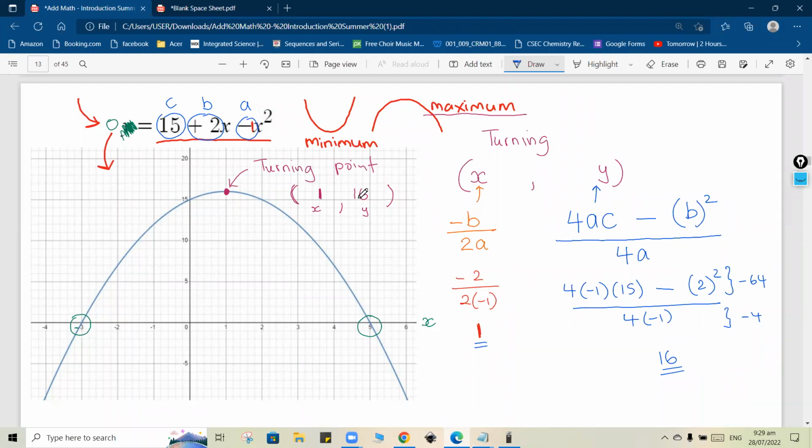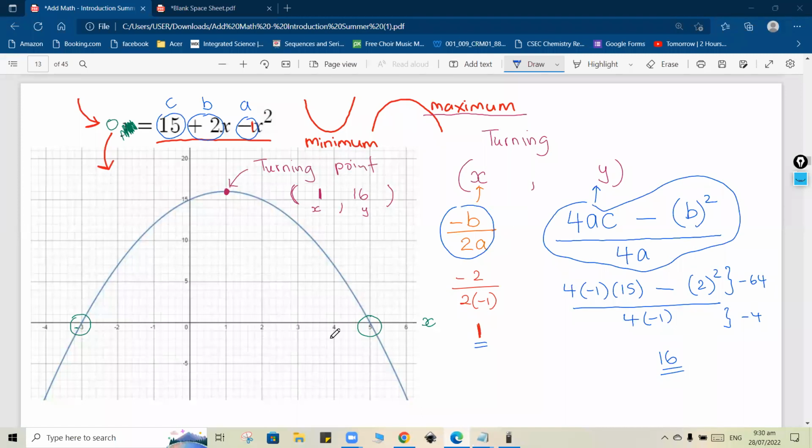But believe me, a lot of times in the exam, the estimate that you make with your eyes isn't 100% accurate, and you need to do calculations to verify it. So memorize these two formulas. It's definitely not on your formula sheet for add maths or regular maths. That's something you have to memorize.